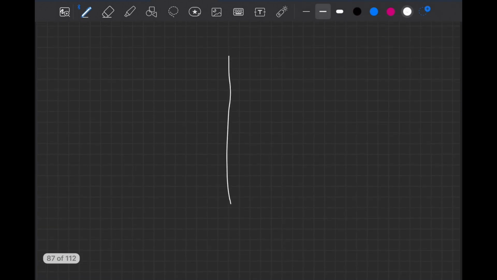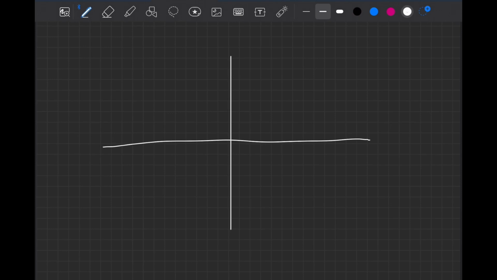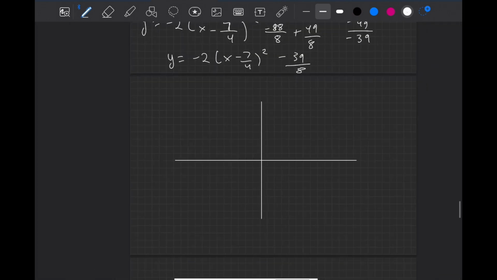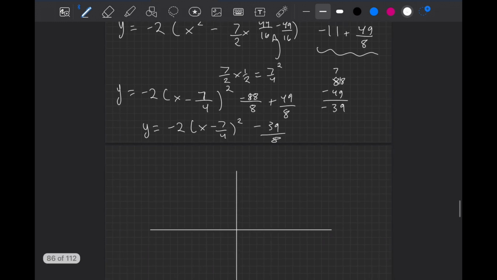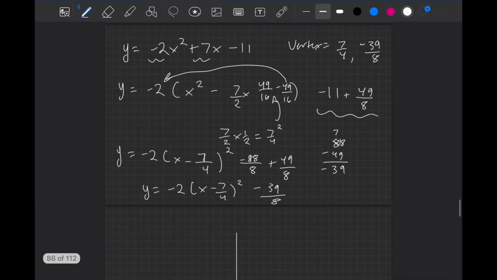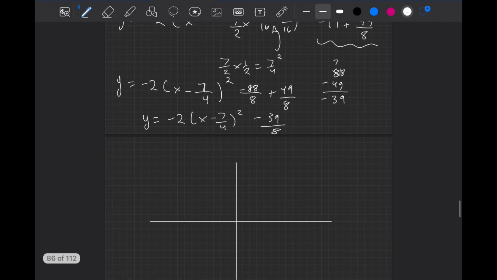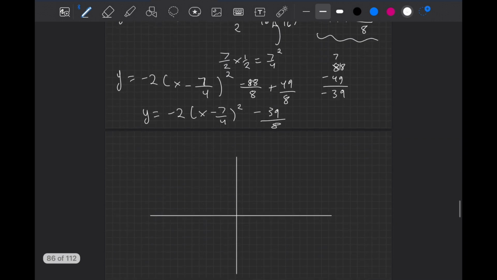As far as the graph, I'll just make a very rough sketch of this. You can throw it into Desmos. But vertex and then stretch of -2, so 7 over 4, let's say it's roughly here, and then -39 over 8, which is very close to -5. 2, 3, 4, 5.